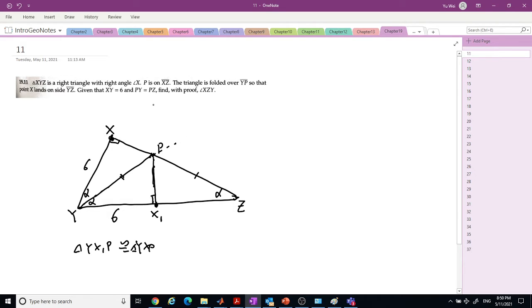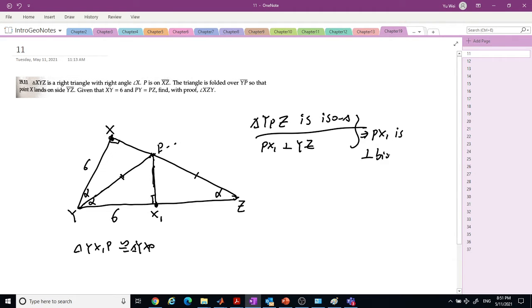And then we want to find angle xyz. Because the triangle ypz is an isosceles triangle, px1 is perpendicular to yz, and px1 is also the perpendicular bisector of yz.